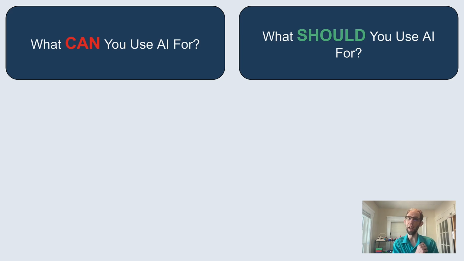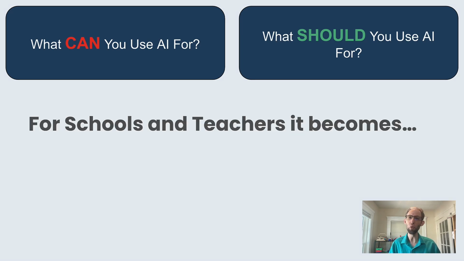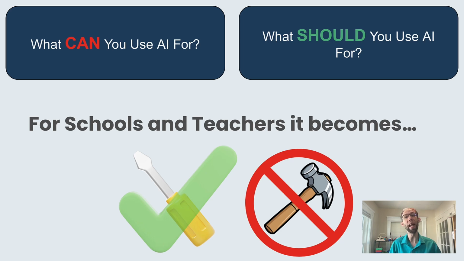Students are asking this question every single day, and so are teachers. But for schools and teachers, it becomes more about which AI tools are good and which are bad. That's what I'm going to focus on in the first part of this presentation: how can we identify AI tools that are beneficial, and how can we identify tools that are not?